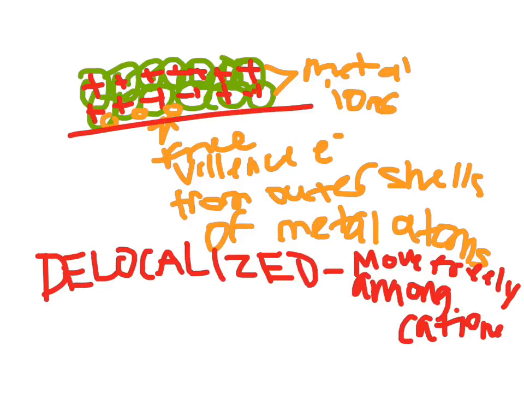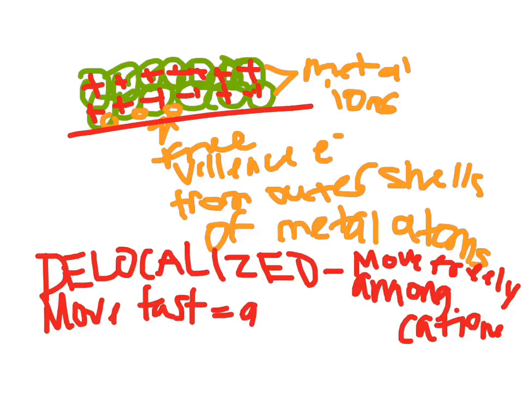The fast-moving electrons are why metals are good conductors and shiny. So they move fast, which means good conductor.